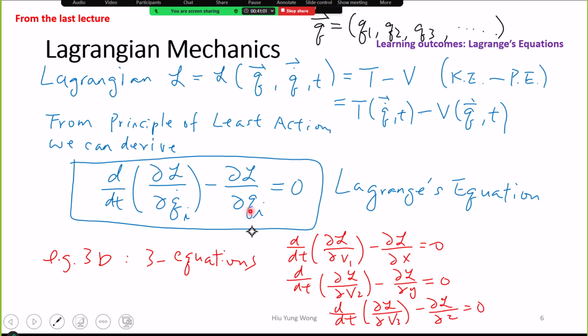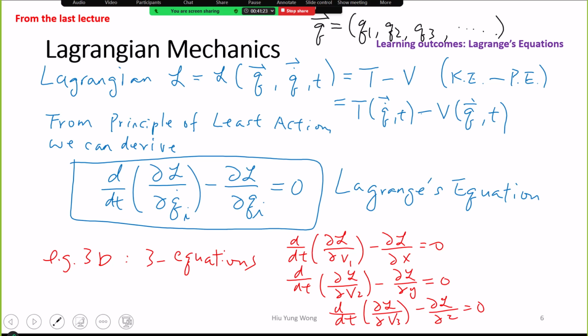So if you have 1 degree of freedom, what's the meaning of 1 degree of freedom? Maybe you have a particle which can only travel in the x direction. So to specify the location of the particle, you only need to say it is at x equal to 5. And of course, you also need to say its velocity is 5 meters per second.